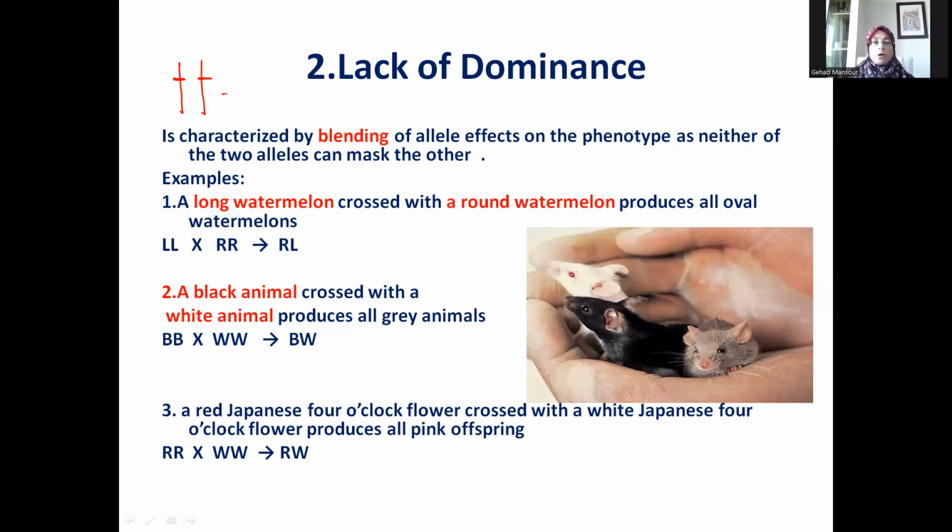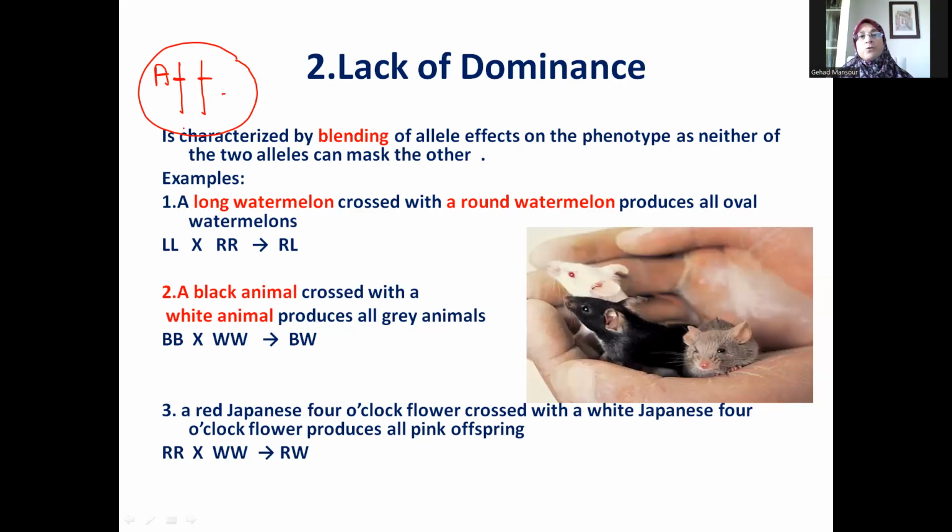So you should answer or solve the genetic problem according to the information that is given in the problem and not according to previous knowledge. In case of lack of dominance, we will have two homologous chromosomes, and on each homologous chromosome, we will have an allele.